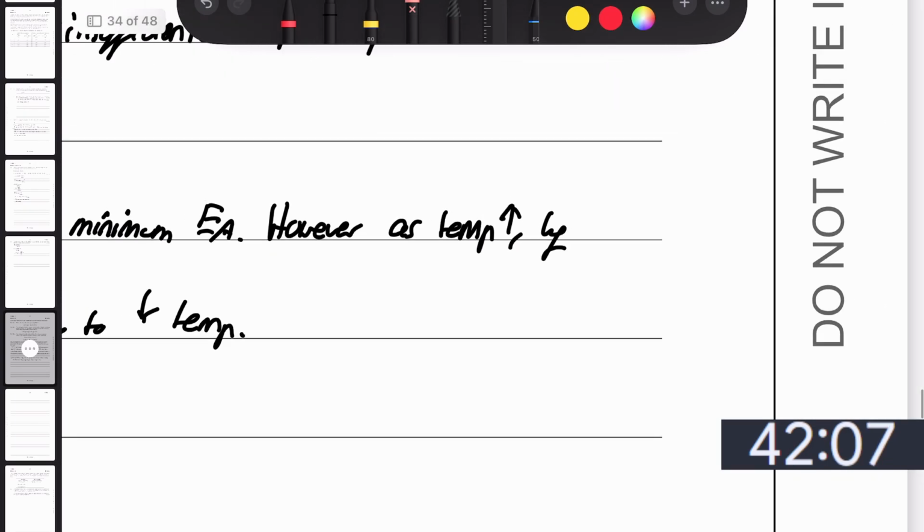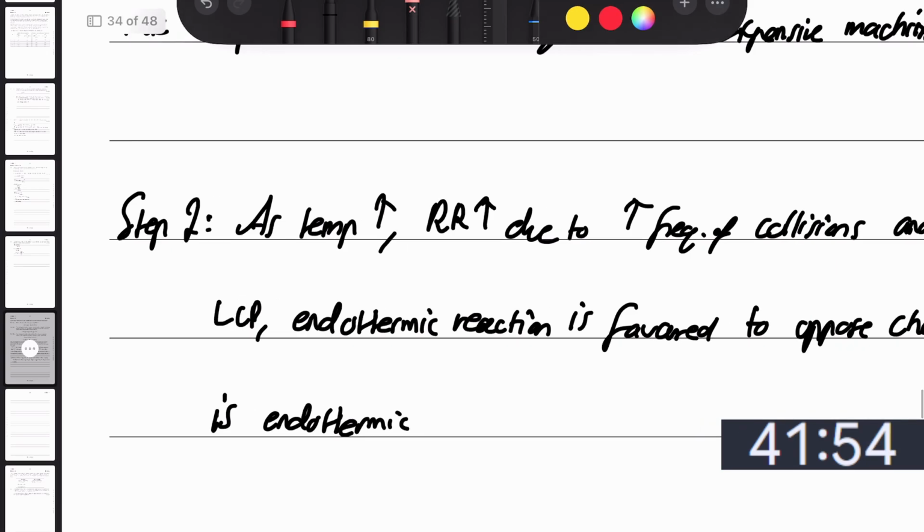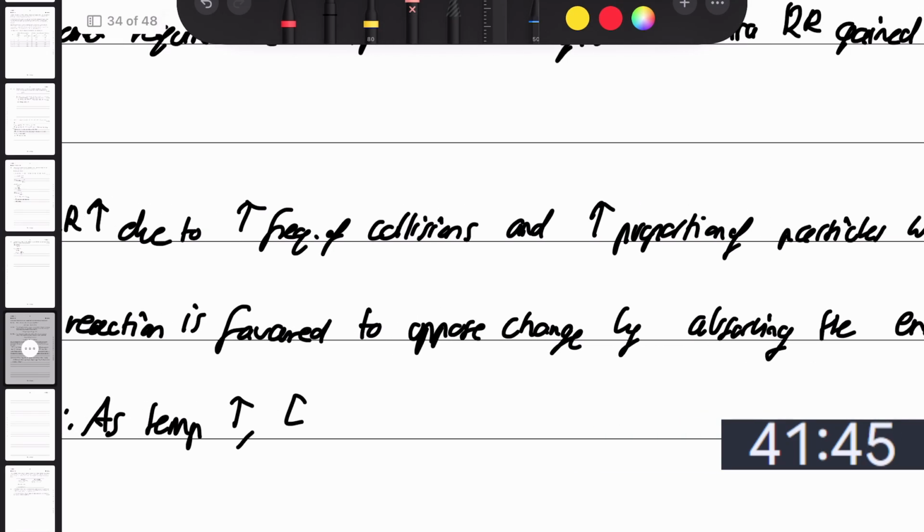As written, the reverse reaction is endothermic. Therefore, as temp increases, the reverse reaction is favored.